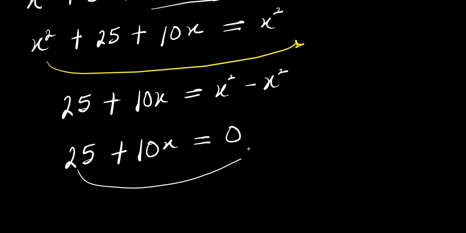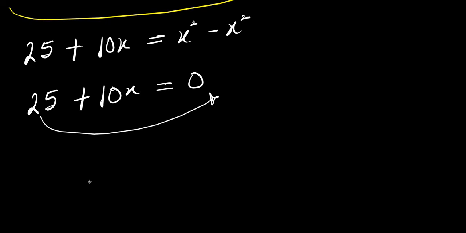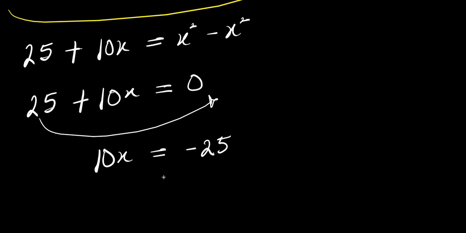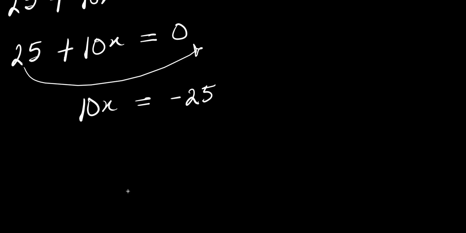I can decide to move this over here. So that means I'll have 10x equals negative 25. So it's time to solve for x. I need to isolate x here. So I will divide this by 10 and divide this by 10.